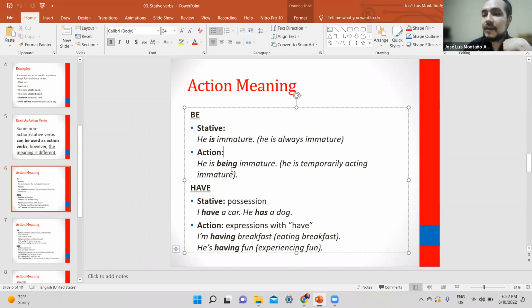My age is not going to change because I want it to change, all right? So that's stative. But I can say, I'm being a little boy right now. It means I'm acting immature again, that I'm behaving in that way.